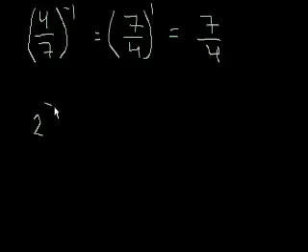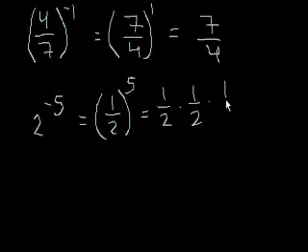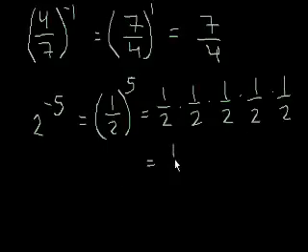2 to the negative 5. Once again, we take the reciprocal of 2, and we say 1/2, and now that can be raised to the 5th power. And that equals 1/2 times 1/2 times 1/2 times 1/2 times 1/2. And that equals 1/32.